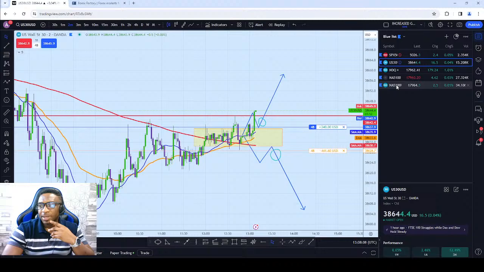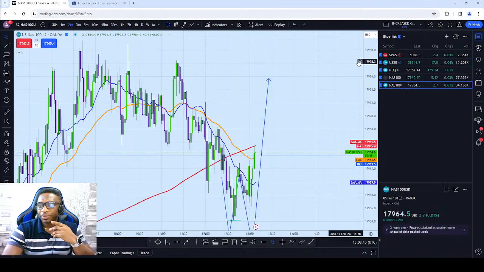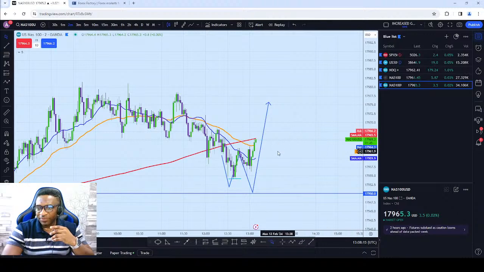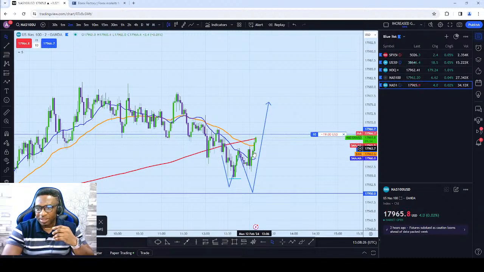Okay, let's look at NAS. Let's see what NAS is doing. This is looking very appetizing, very juicy. Over here, as price took out here, I'll go in straight away. I'll just enter now. The spread gave me all the way up here.